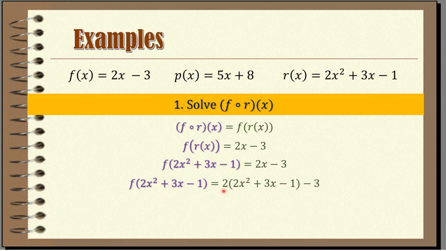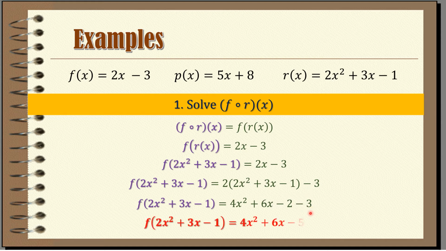Let's distribute 2 to each term inside this parenthesis or in this polynomial. That is 2 times 2x squared is equal to 4x squared. 2 times 3x, that is 6x. 2 times negative 1, that is negative 2, and copy negative 3. Then we are going to combine the like terms. Since 4x squared and 6x have no other like terms, we are going to bring them down.